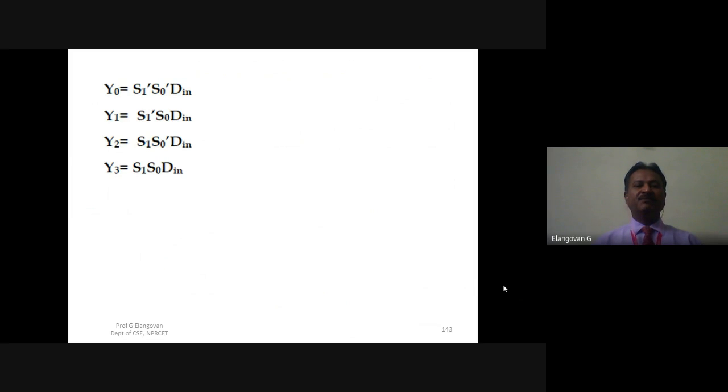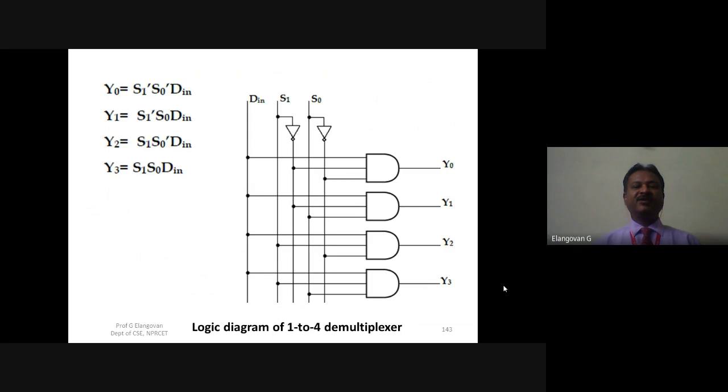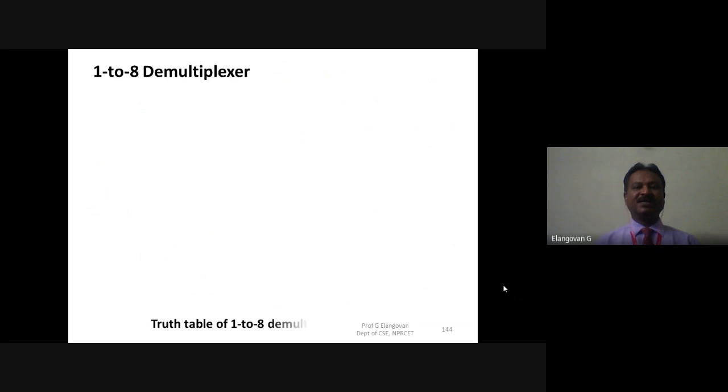Simplifying, Y0 is active high only when S1 dash, S0 dash, D in, and similarly for the others. We can draw this as a simple logic circuit. So this is the 1:4 demultiplexer. D in will appear at Y0, Y1, Y2 or Y3 depending on the signals S0 and S1.